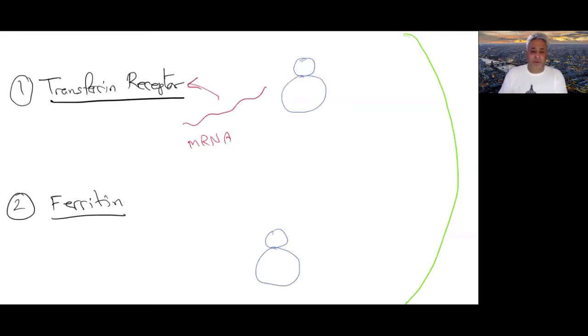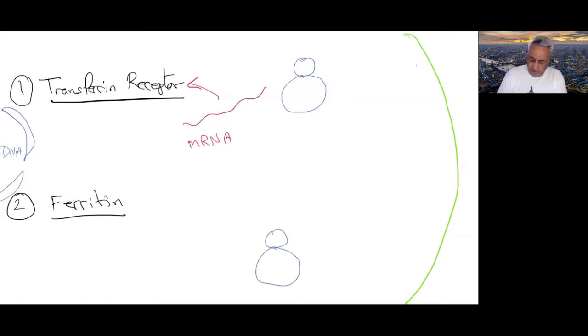So under normal circumstances, the messenger RNA will be released by the nucleus on the left-hand side somewhere. So we can put the nucleus in for the sake of completing this figure. So the nucleus will be here somewhere. And inside the nucleus, we have the genes on the DNA for producing these two proteins. So the messenger RNA is then translated into a protein. Let's put the protein in orange.